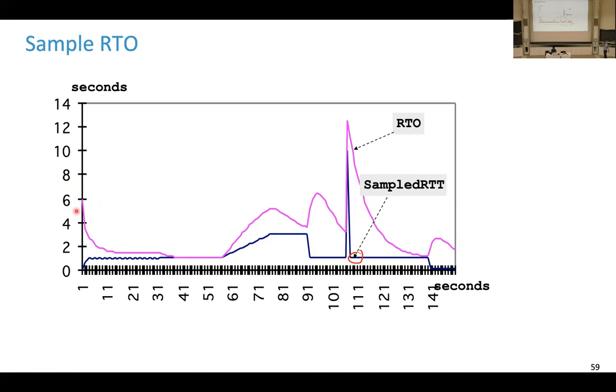Wasn't the timer implemented also in the first version of TCP? The question is, wasn't there also a timer in the first version of TCP? Why are we trying to implement another timer? This is the same timer, because before we used this timer which is computed as it is.